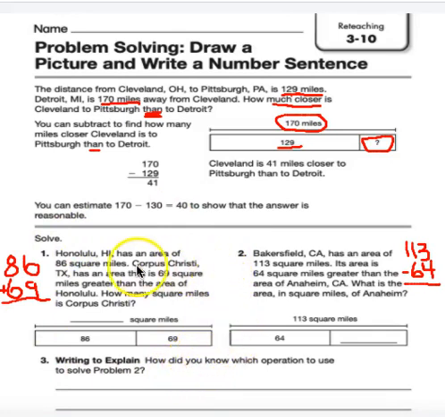Honolulu, Hawaii has an area of 86 square miles. Corpus Christi, Texas has an area that is 69 square miles greater than the area of Honolulu. How many square miles is Corpus Christi? Well, they've already given you a nice diagram down here to use.